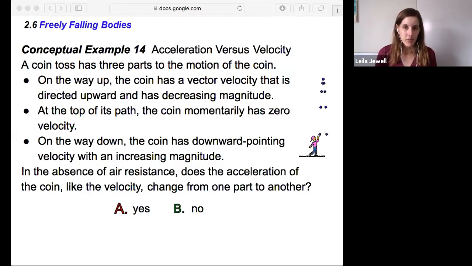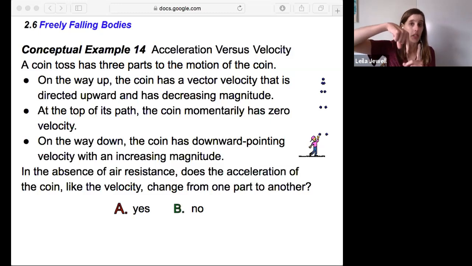Now this one's a tricky one, especially because the velocity stops at the top. That's really weird. But let's look for a moment at the speed. So when it's going up, it's a positive velocity, but it's a decreasing magnitude. So it's getting slower, right? It's losing speed as it's going up. Well, how can we reduce speed when our velocity is going one way? That means our acceleration needs to be going opposite to that velocity, right?